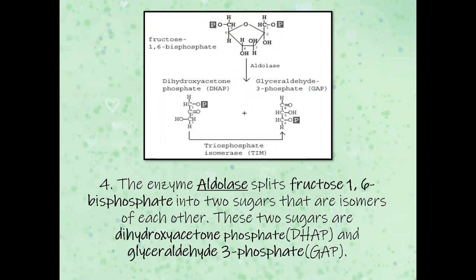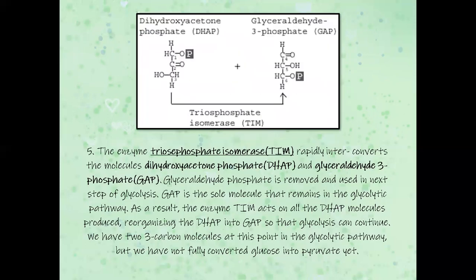These two sugars are dihydroxyacetone phosphate and glyceraldehyde 3-phosphate. In the fifth step, the enzyme triose phosphate isomerase rapidly interconverts the molecules DHAP and GAP. Glyceraldehyde phosphate is removed and used in the next step of glycolysis. GAP is the sole molecule that remains in the glycolytic pathway.